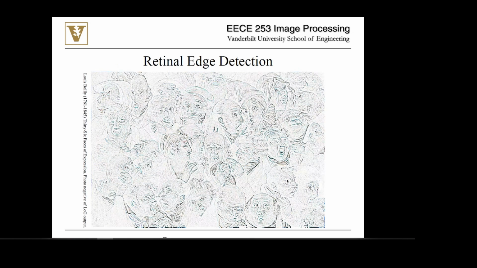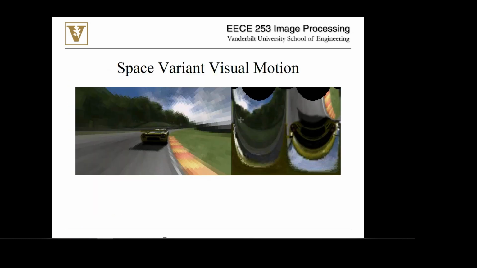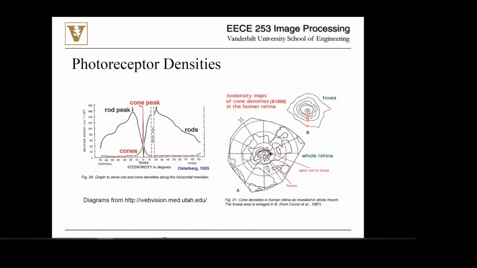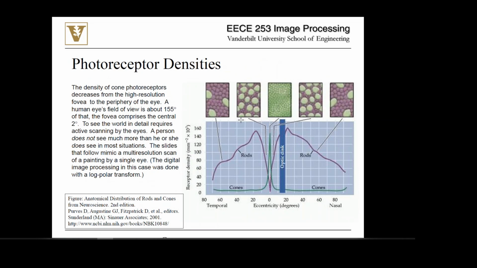Another interesting feature of our visual system is that, let's say this cell is excited, so it receives a lot of photons and then starts spiking.